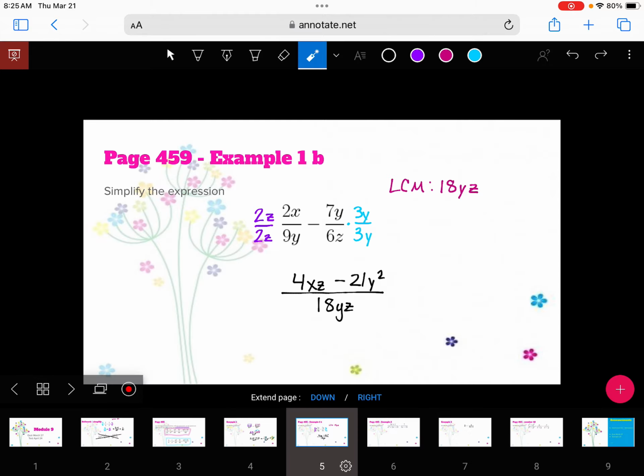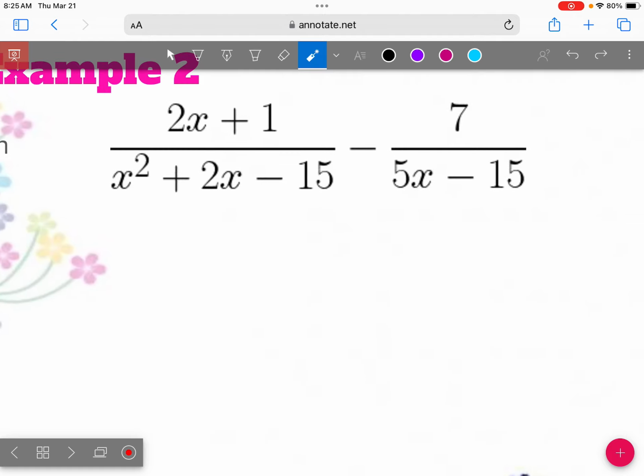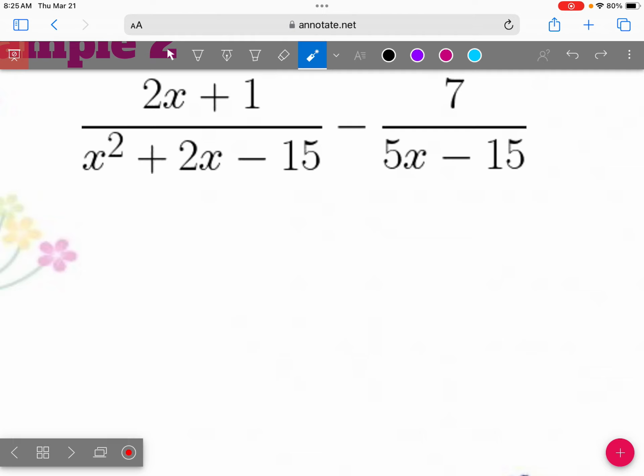So let's look at another one. So this one's kind of bigger. We've got 2x plus 1 over x squared plus 2x minus 15. And we're going to subtract 7 over 5x minus 15.